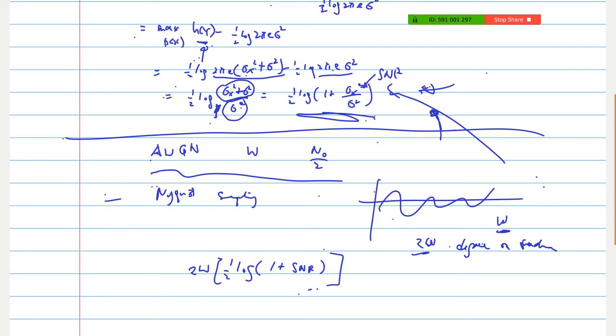Now let's think about what the SNR will be equal to.